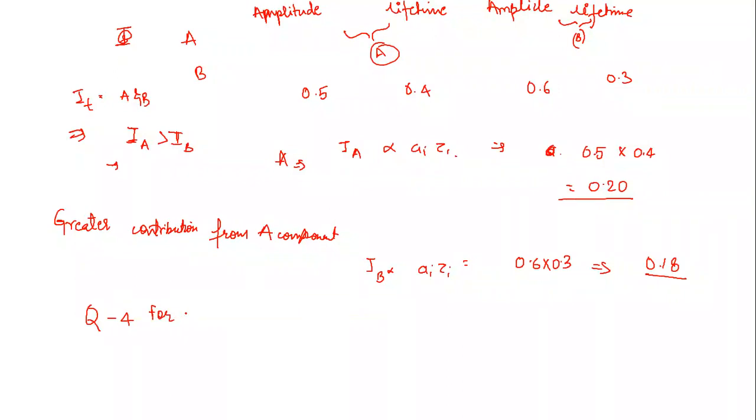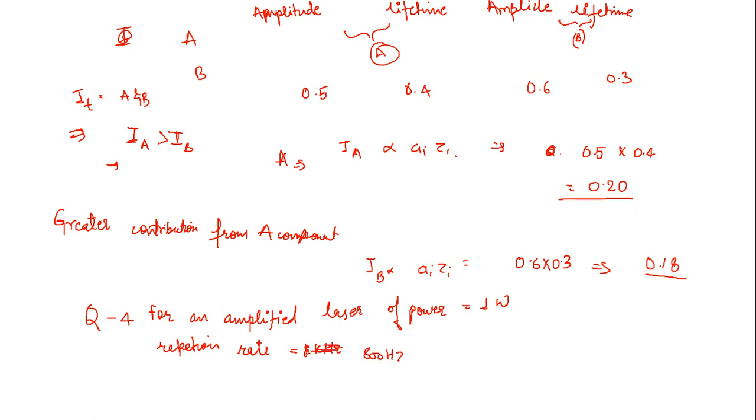Question number 4 says that for an amplified laser, power is equal to 1 watt, repetition rate is equal to 1 kilohertz, here I'll take it as 800 hertz, pulse duration is equal to 100 femtoseconds, and the fundamental wavelength of light is 800 nanometer.